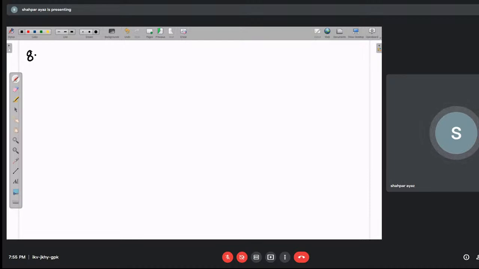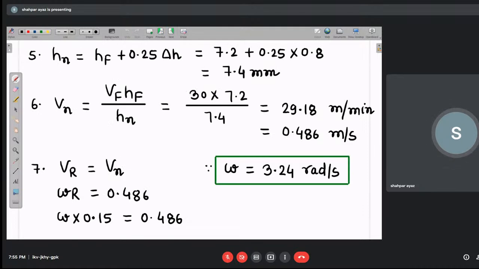Sir, but Hf is in mm, Hn is in mm. Hf is in mm, Hn is in mm, so they cancel out now. Whatever the unit of Vf, the same is the unit of Vn. These silly doubts I'm not going to discuss. I'm not getting your doubt. Can anyone, Naveen, explain what Mukul's doubt is? He is confused in the units, right?